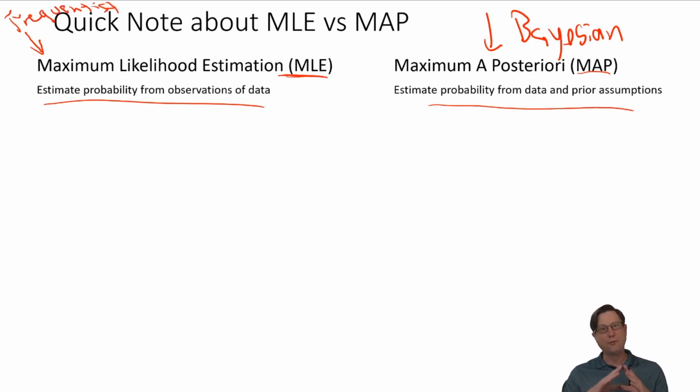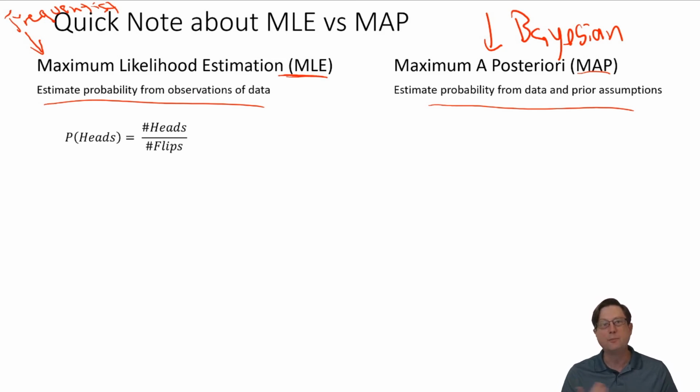So let's go through a few steps of how these people might come to estimates differently for a very common case. And that is, if you flip a coin a bunch of times and you see a certain number of heads, the probability of heads is the number of heads you've seen divided by the number of times you flip the coin. This is very similar to what we talked about with bounds and all that stuff in the past.